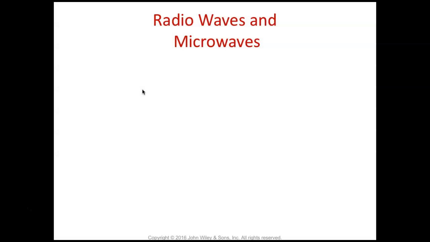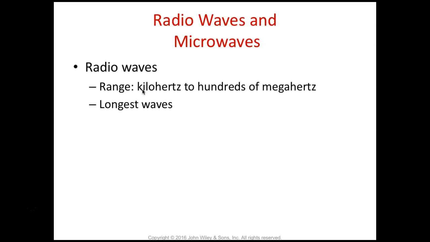Let's talk a little bit more about radio waves and microwaves, just a little bit more in depth. Radio waves range from kilohertz, which is 1,000 cycles per second, to maybe several hundred megahertz. And then they are the longest waves. And then coming down from that, we have our microwaves. Microwaves have a range of about 1 meter, which is only a few feet, to maybe much less than 1 meter.